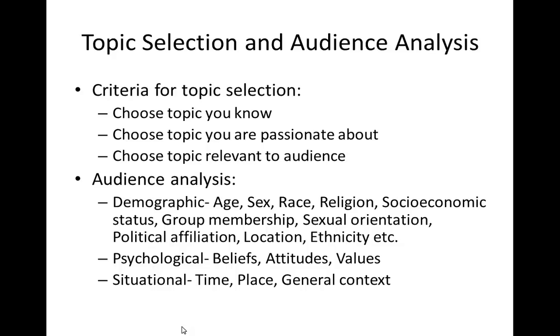And for those of you who are not sure how to select topics, what I recommend is a tool called brainstorming. What you're essentially doing is to write down as many ideas as possible without even thinking about it.